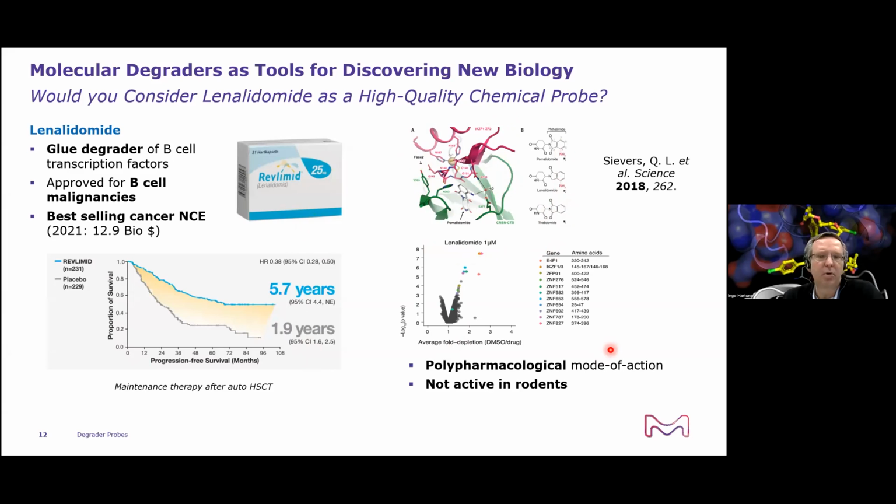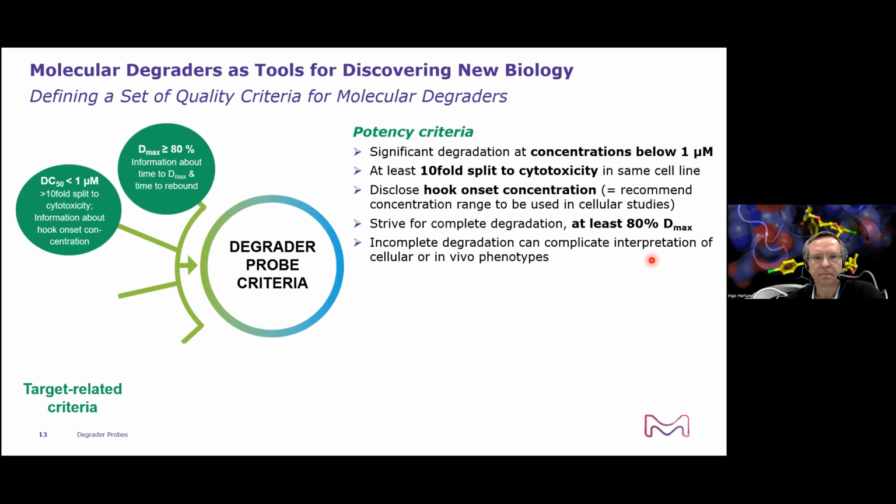So it's polypharmacological by nature, which means lenalidomide is an excellent drug, but a very bad chemical probe if you would, for example, want to study biology of, let's say, IKZF1. Because you will always see this mixture of cellular effects. So it's important to understand this difference between what is an excellent drug and what is an excellent chemical probe.